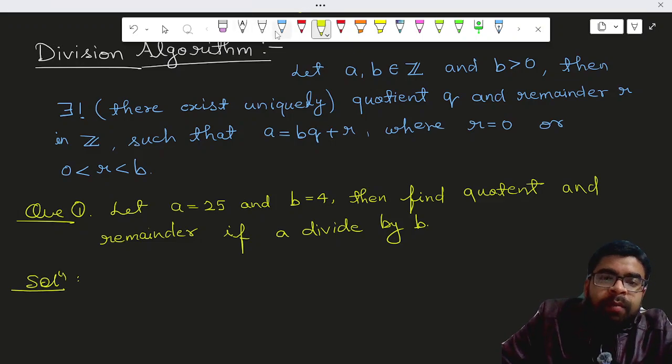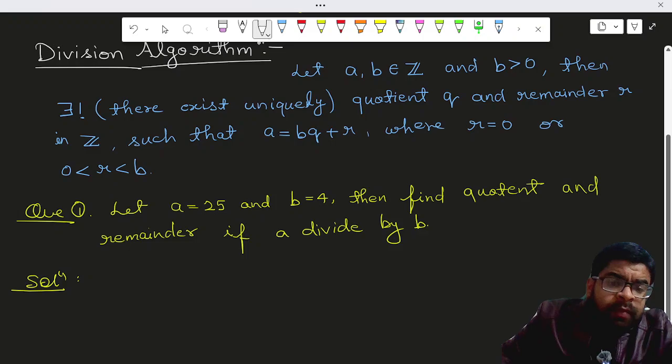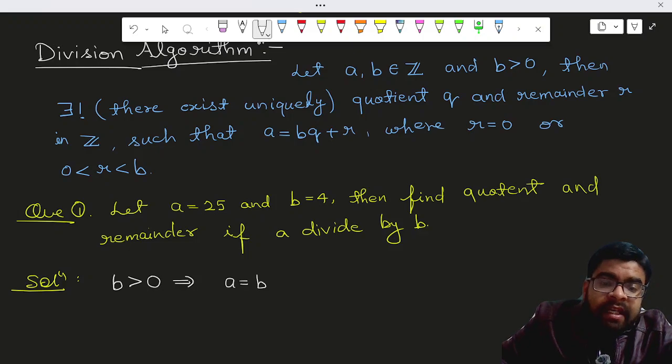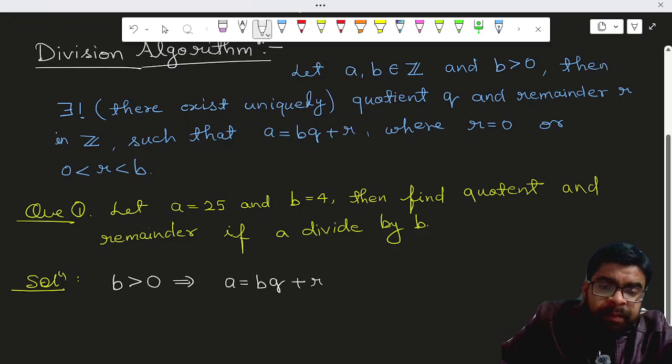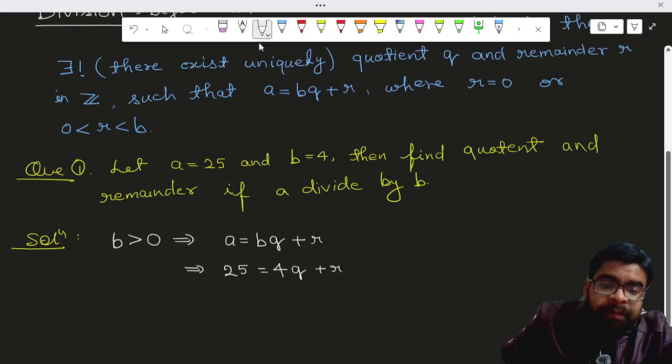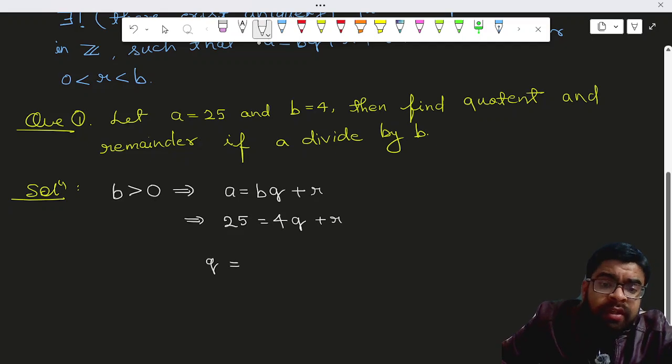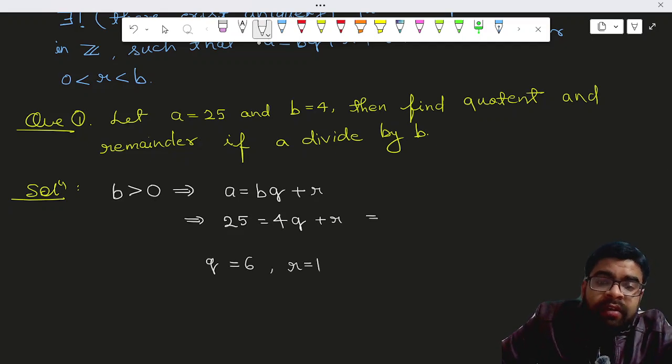तो यहाँ पे because by division algorithm we know that कि अगर हमारे पास b एक पॉजिटिव इंटीजर है, then in this case we can use a is equal to bq plus r. So we can write down here 25 is equal to 4q plus r. So definitely the quotient will be here 6 and the remainder will be 1, because we can write over here 4 into 6 plus 1, which is equal to 24 plus 1, which means 25.